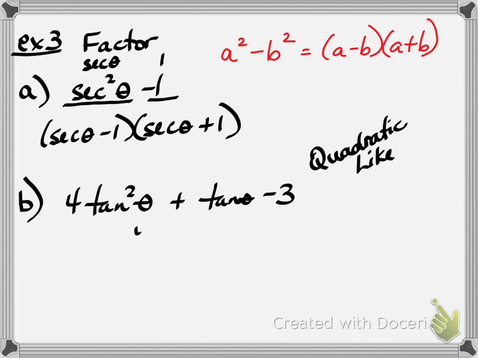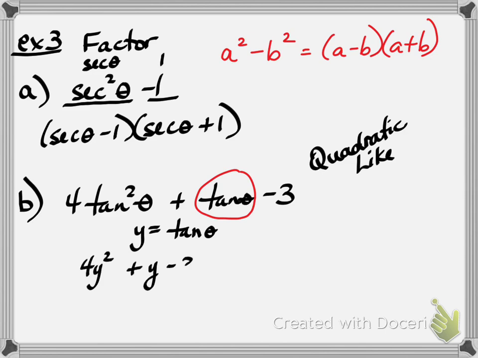So we could do that little u substitution or a little y substitution like we did with logarithms. And you always let it be the x term for bx. It's always that. So we could rewrite this as 4y squared plus y minus 3.